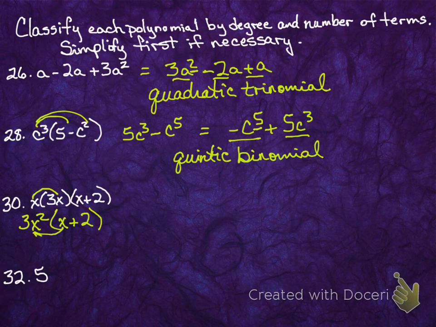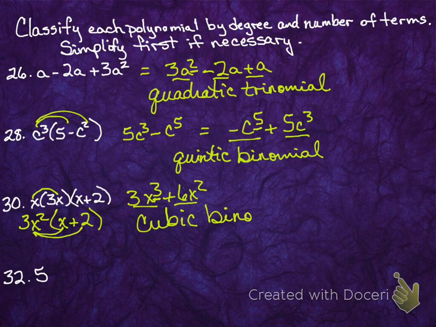And then we distribute that inside, and we end up with 3x to the 3rd power plus 6x squared. My highest power is 3, so that is cubic. I have 2 terms, so it is a cubic binomial.